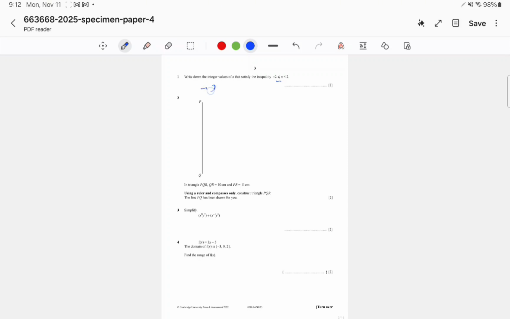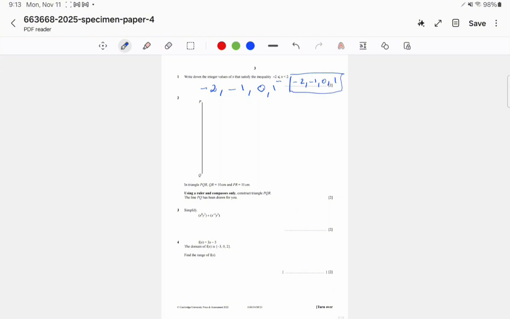So it's -2, -1, 0, 1, 2. Sorry, 2 will not be there because it's not equal to, so until 1. Yeah, this is the first question. So the answer is -2, -1, 0, 1. This is the answer.